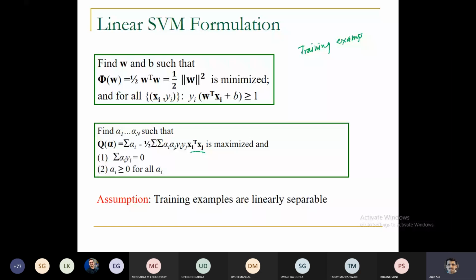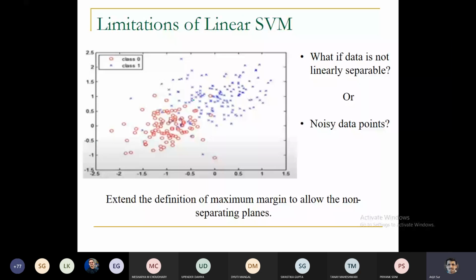What if the data is not linearly separable, or has noisy data points? We need to extend the definition of maximum margin to allow non-separating planes. The question is how we find the SVM solution in this case.